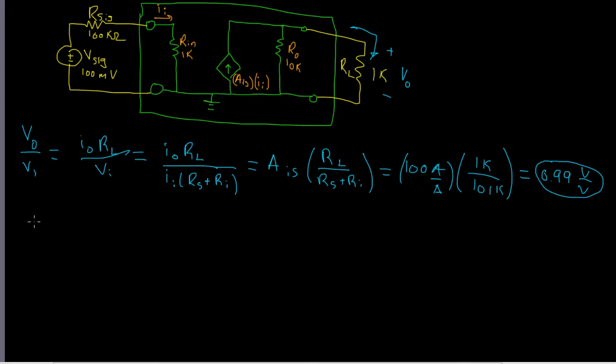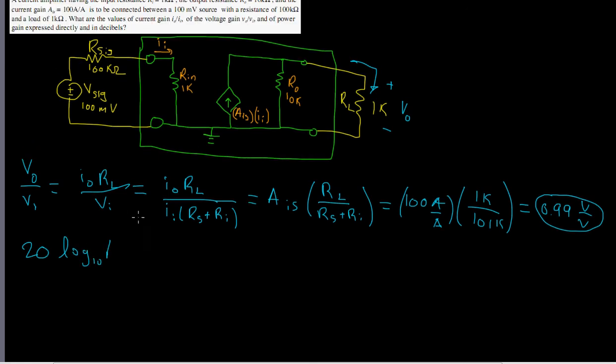And so now you want to find it in decibels, so you're just going to do the same thing as before. You take 20 log base 10 of the voltage gain, VO over VI. And when you work that all out, you get negative 0.027 dB, because remember, if you have a gain of less than 1, that corresponds to a negative decibel gain.